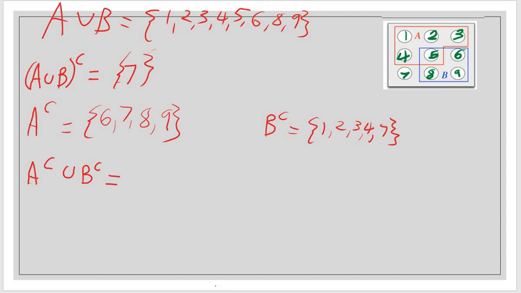So if I take the union of A complement and B complement, then these two sets that I've just written here, I need everything that's in at least one of these sets. So 1, 2, 3, 4, 6, 7, 8, 9.